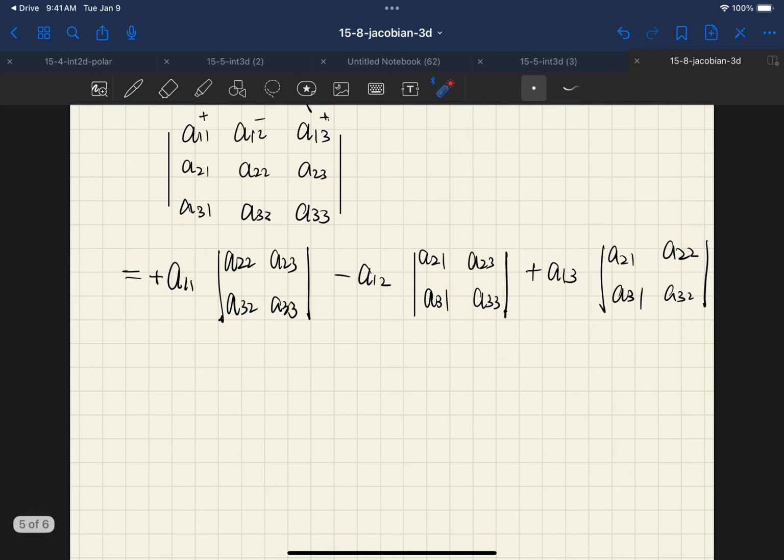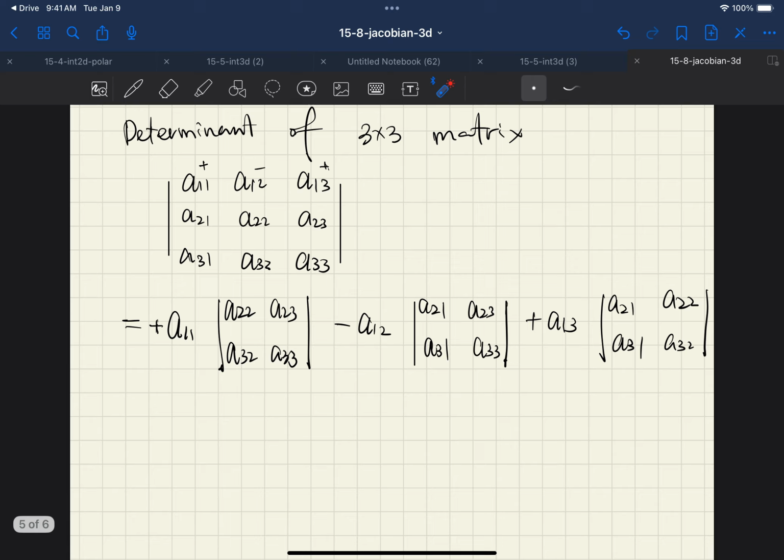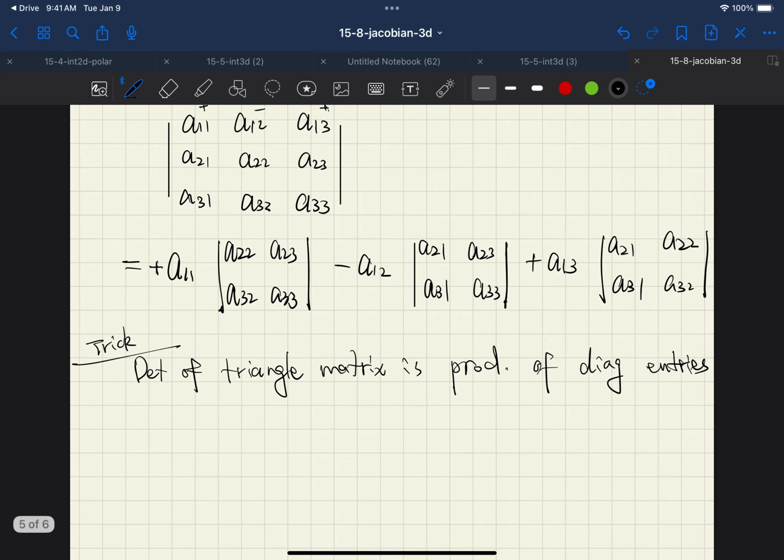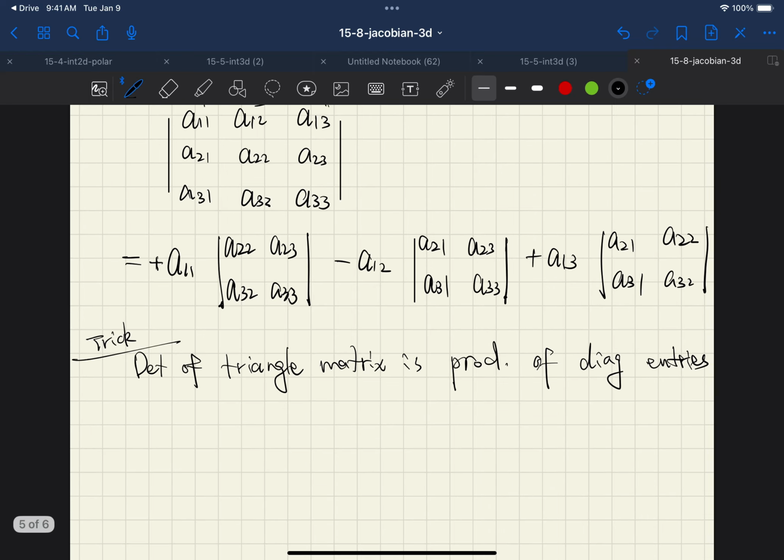But there's one trick if you have a special structure. For example, the determinant of a triangular matrix is the product of the diagonal entries. This is one trick which is often useful for some problems.